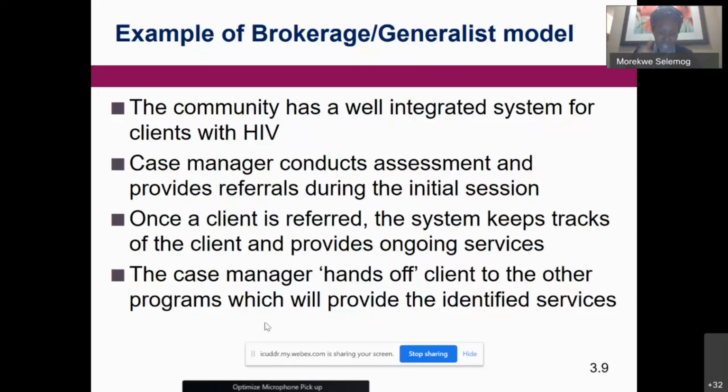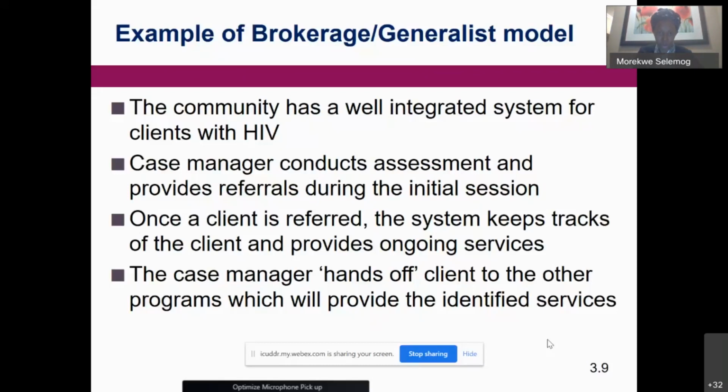And Jessica, just help me because I can't see the participants. Just ask them to raise their hands, and then whoever raises their hand can just say something. What do they think about the model? And what do they think if they were to use this kind of model, or if ever they are using, what would the other programs that they refer their clients to think?